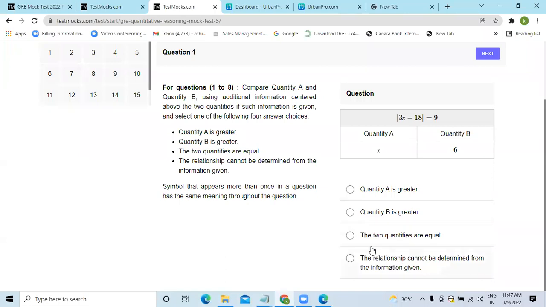So 3 and 9 is less than or equal to 4 plus 9. The relationship cannot be determined.